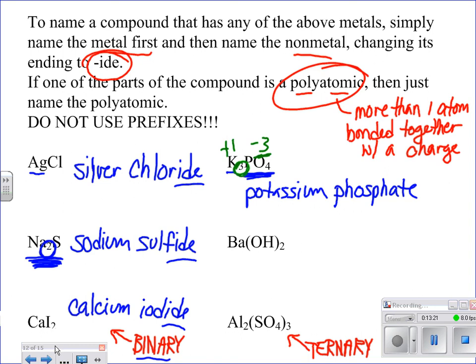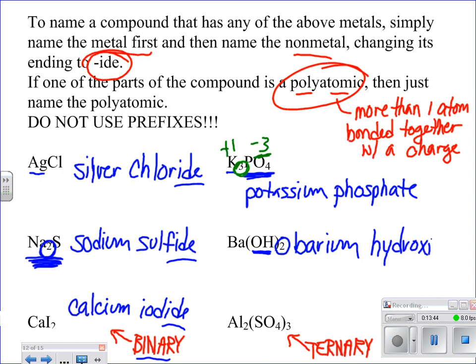Okay, next one, Ba, barium. And you're looking for this, OH. Yeah, you happen to have 2 of them. Notice that there are no parentheses on your polyatomic ion sheet, so you're looking for the OH. You just have 2 of them. As you come across that, it has a -1 charge.